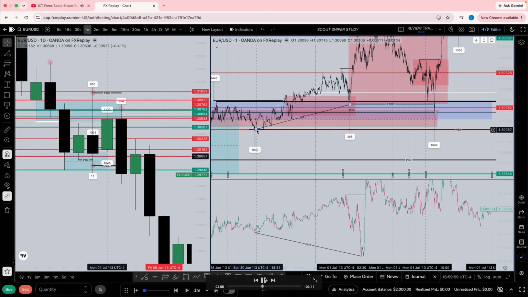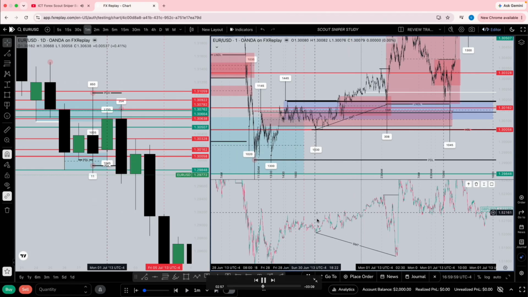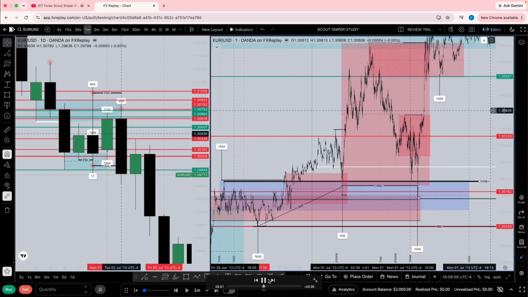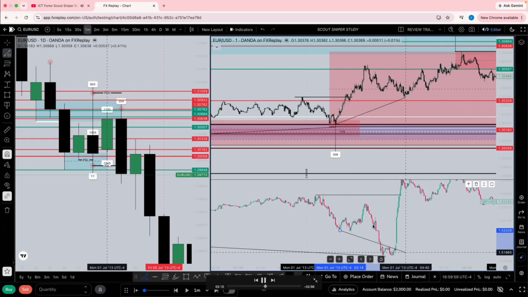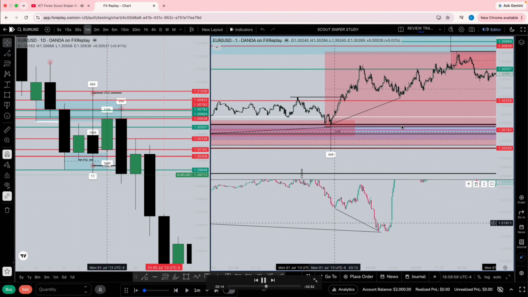Play price. And this is me just researching and investigating what's going on on the 1 minute. 308, that's London. And me looking at SMT forming here when it broke structure. Just researching.